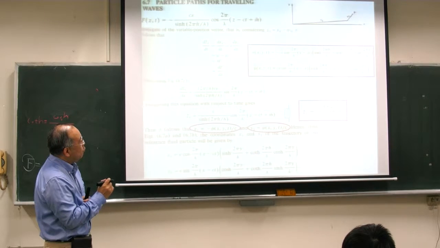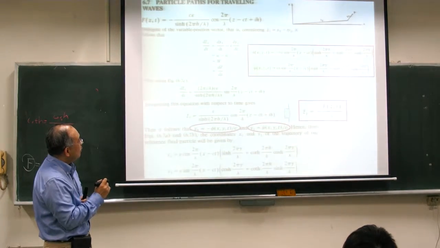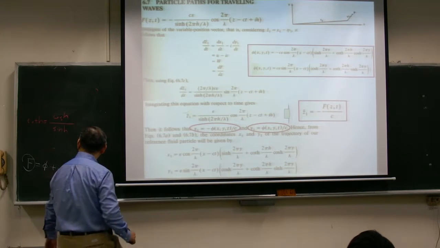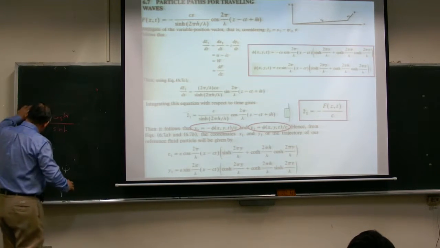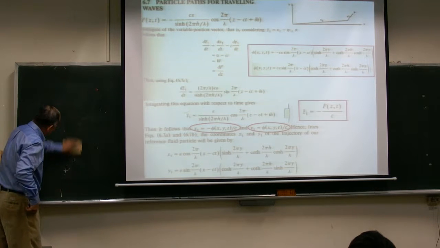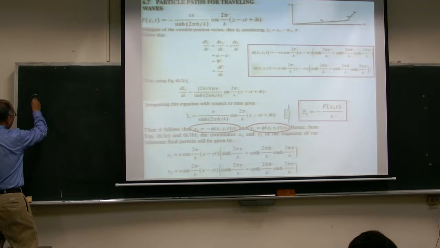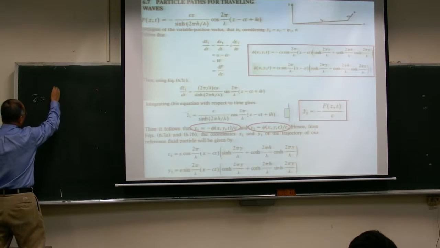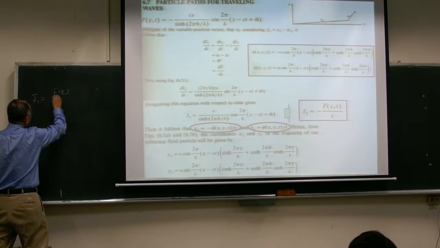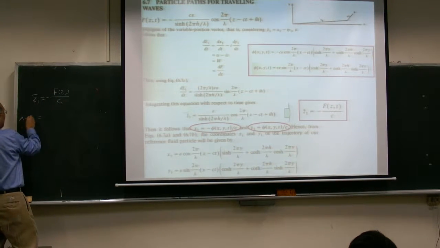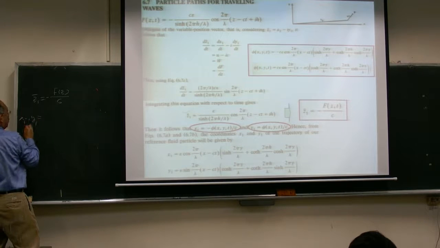So this is equal to what? This is equal to psi plus i phi, right? So we have this relationship. z1 bar, our Ch6 equation, is equal to our f complex potential divided by c, with a minus sign. And z1 bar is x minus iy, is x1 y1, right?